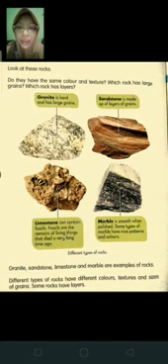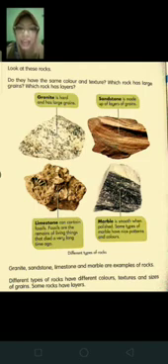And then this is the conclusion from this explanation from Ustazah. Granite, sandstone, limestone, and marble are examples of rocks. Different types of rocks have different colors, textures, and sizes of grains.